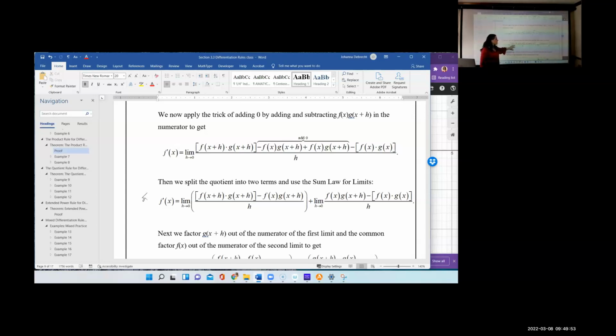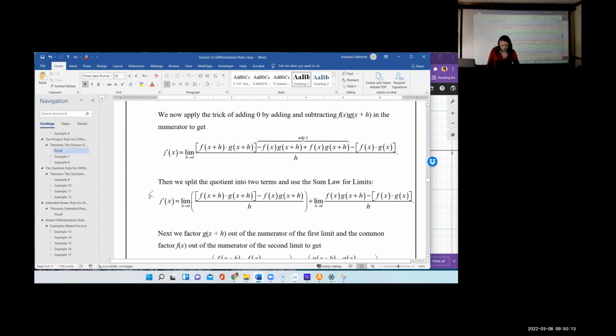Now, these are not the difference quotient, but they are quotients, right? They're ratios of things. This first one now has a common factor of g of x plus h, and the second one has a common factor of f of x. Does everybody see that they both have each of those factors?